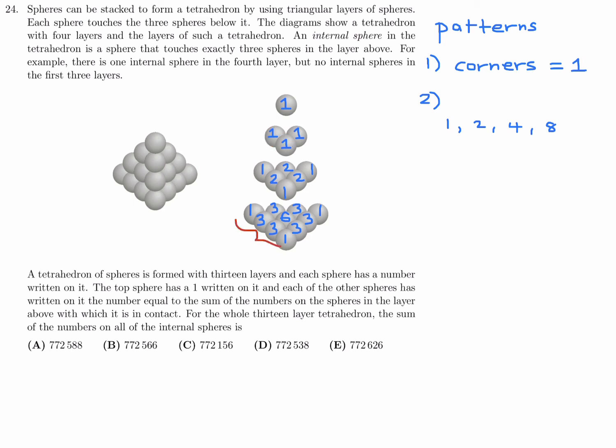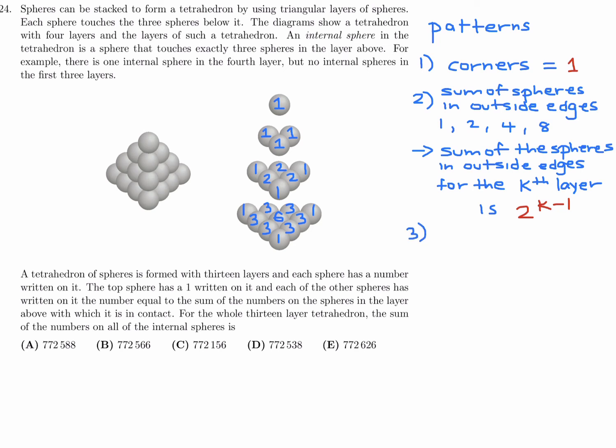So you notice those sums, this one was 8, this one is 4, this one is 2, and so on. So we can create a little simple formula that the sum of the spheres in the outside edge for the kth layer is 2 to the power of k minus 1.